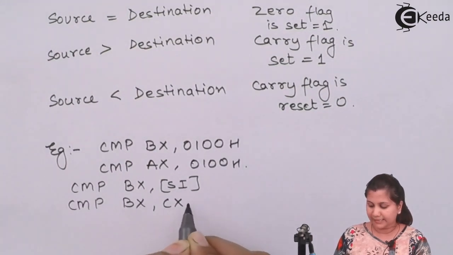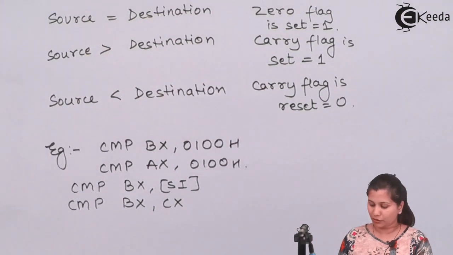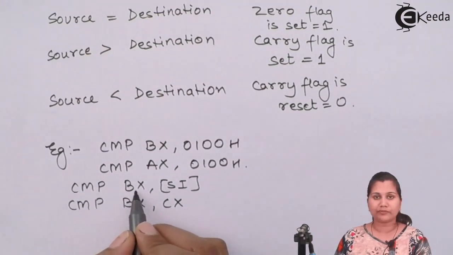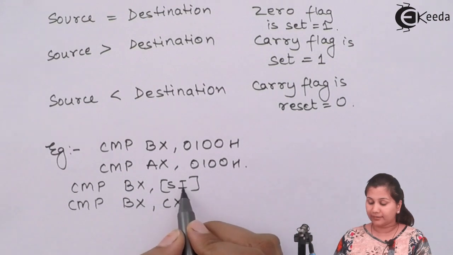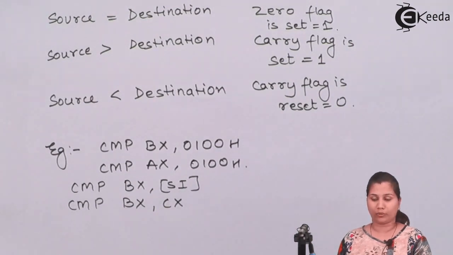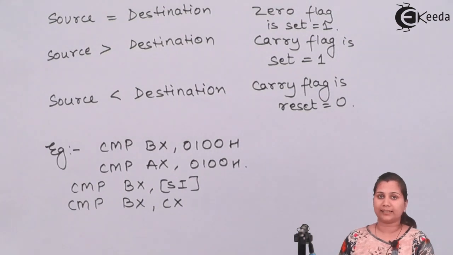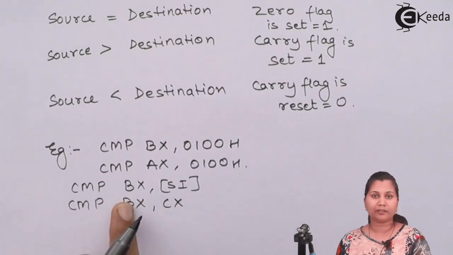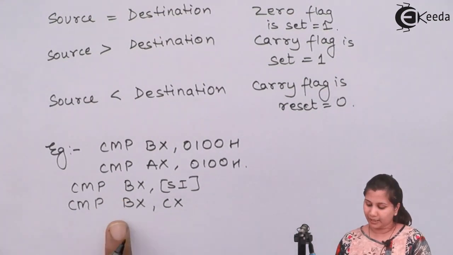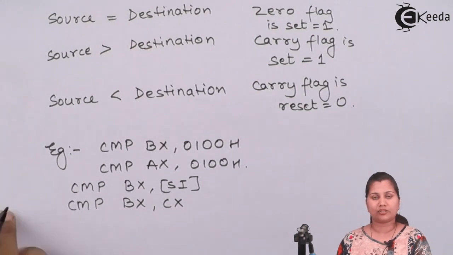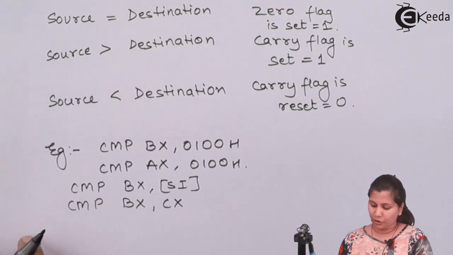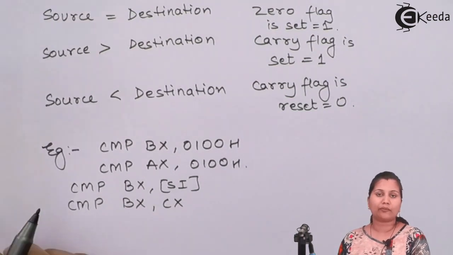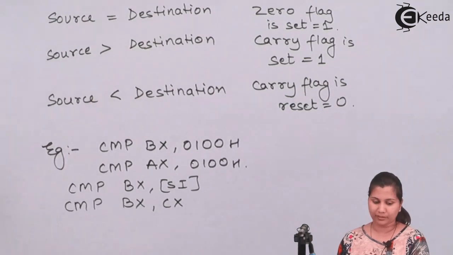We have some other examples also, where the contents of the BX register and the data in the memory location specified by the source index plus the data segment will be compared with the BX. Here the contents of the BX and CX registers are compared. So these are some examples of the compare instruction.